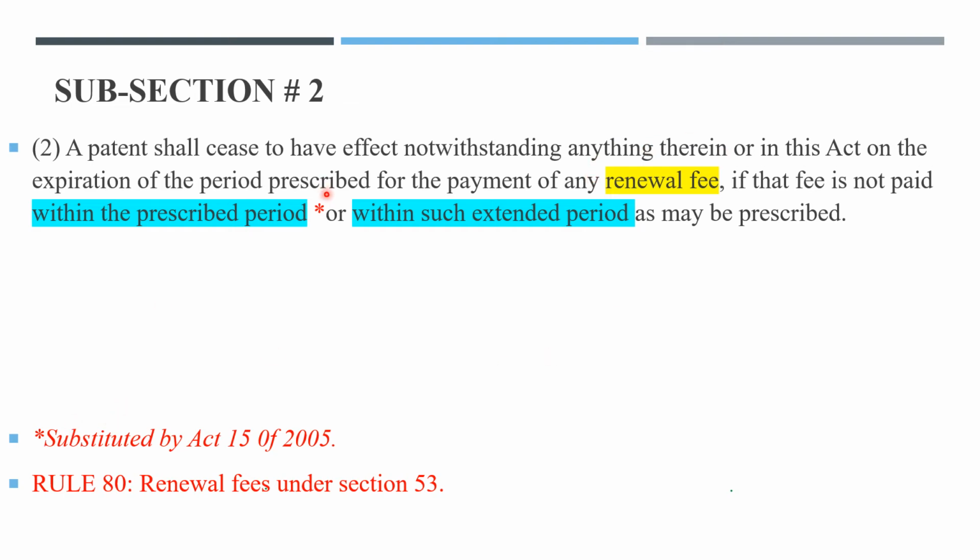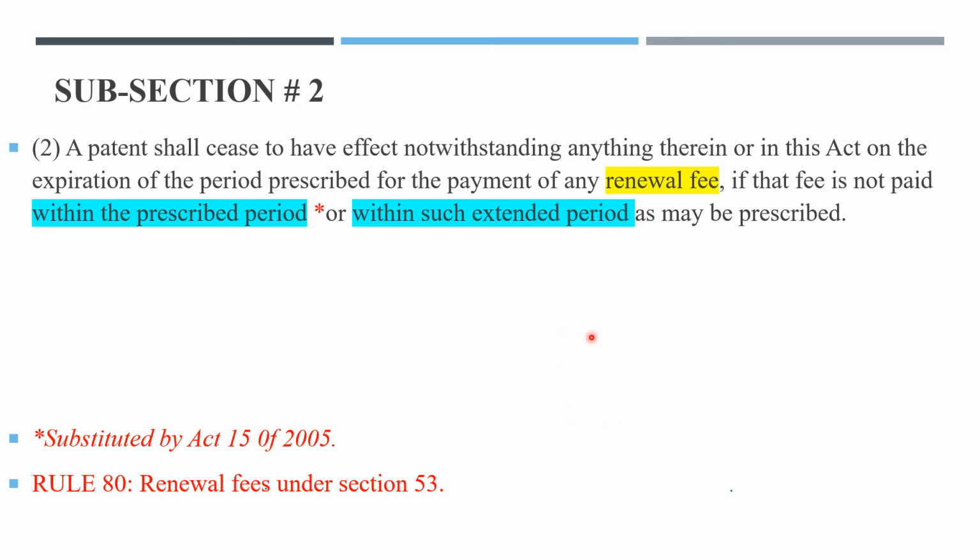We can see here that this extension is substituted by Act 15 of 2005. And we can correlate this subsection with Rule 80. We can also say that we can correlate section 53 with Rule 80.